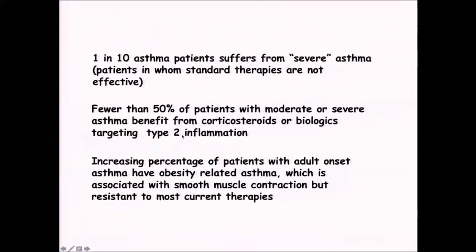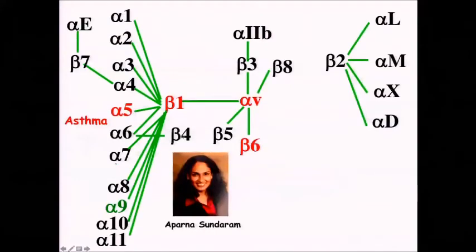And we didn't set out to do this at all. And that's how what I do works. We're trying to figure out basic mechanisms underlying human development, disease, normal tissue homeostasis. But if we're aware and alert, we can find clues that tell us about ways to treat new diseases or different diseases. So this is work that was done by Aparna Sundaram, a really talented person who started as a postdoc in my lab, just starting her own lab, and she's going to be the person pursuing these experiments.